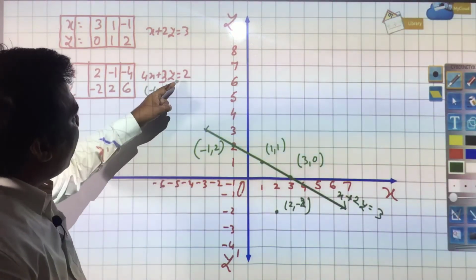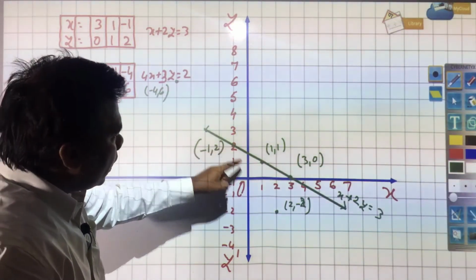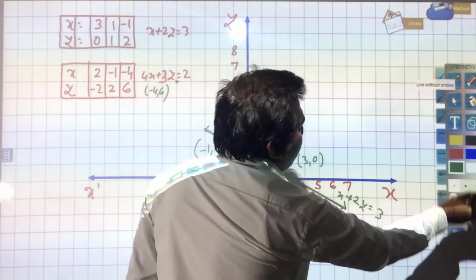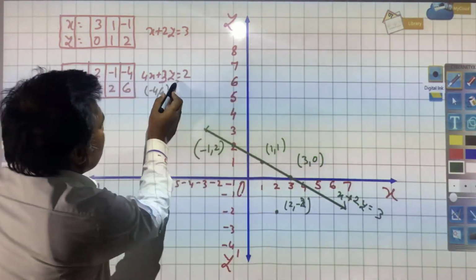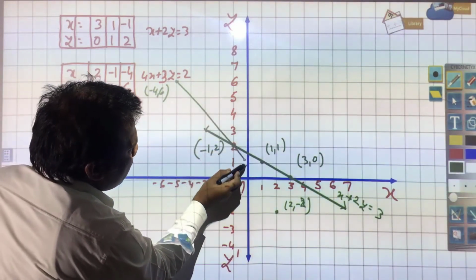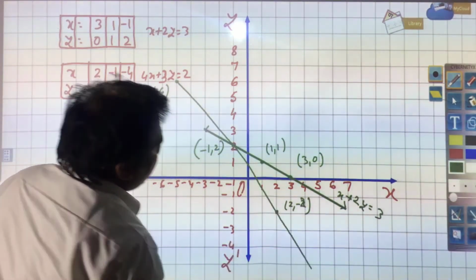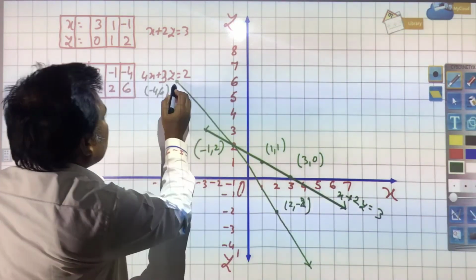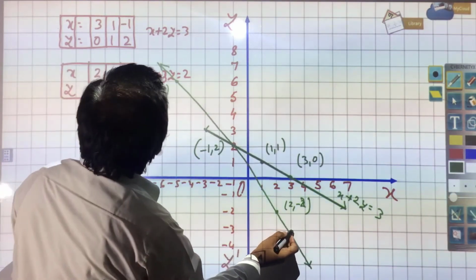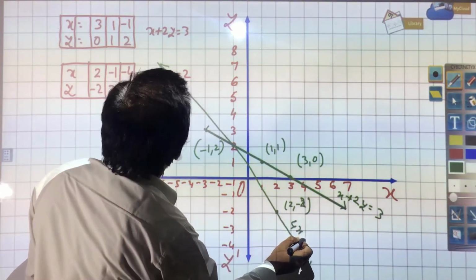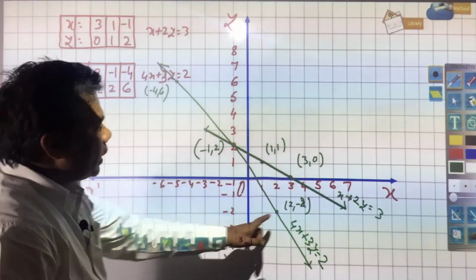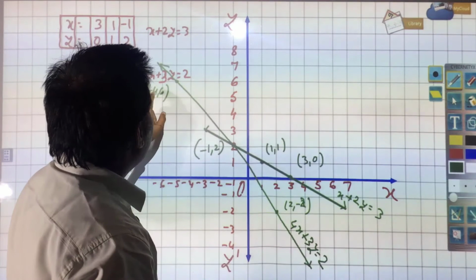So, 3 points you have, and these need to be joined. This is your equation 4x plus 3y is equal to 2, and your coordinates are (2, minus 2), (minus 1, 2) and (minus 4, 6).